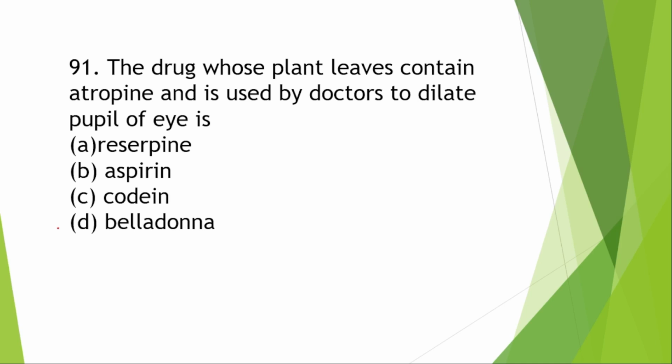Here the right option is option D, Belladonna. Actually, atropine is a naturally occurring alkaloid extracted from the leaves and even the roots of Atropa belladonna, a plant commonly known as deadly nightshade. In medicine it is used as a mydriatic, to dilate the pupil.